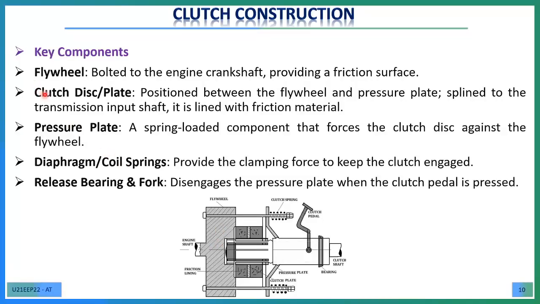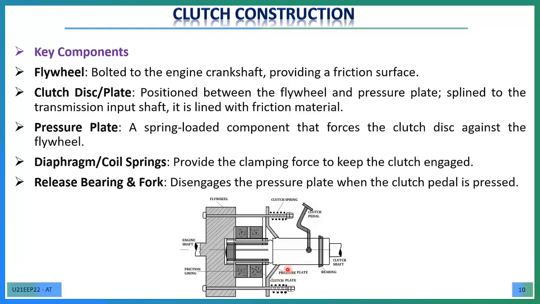The second one is the clutch disc or plate, positioned between the flywheel and the pressure plate, splined to the transmission input shaft. This is the input shaft. It is lined with friction material.